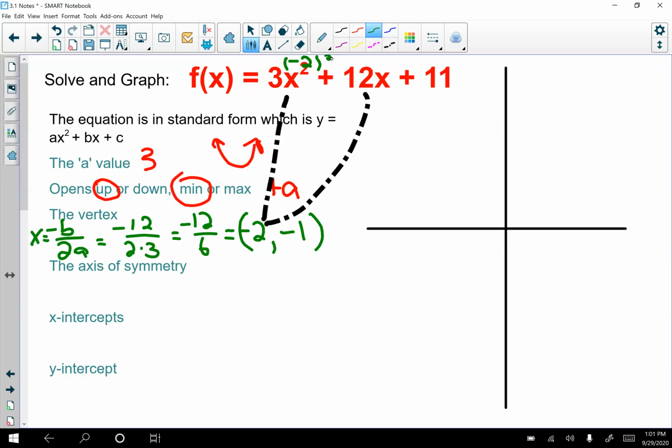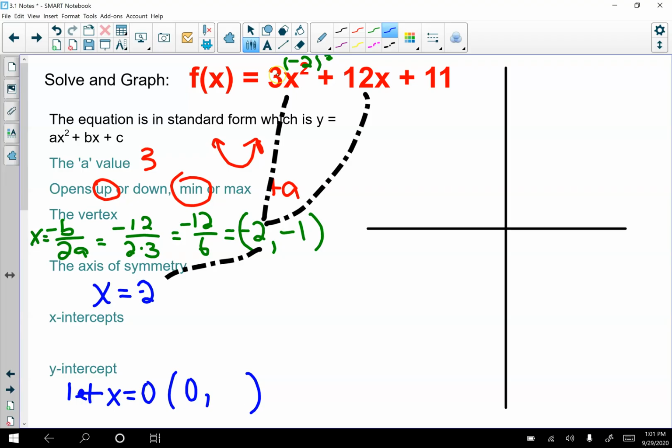Axis of symmetry is a vertical line crossing the x-axis at this, negative 2. The x-intercepts, we're going to use a calculator, and we are going to actually find those on a calculator. And then the y-intercept, I'm going to let my x equal 0 and I'm going to find my y.